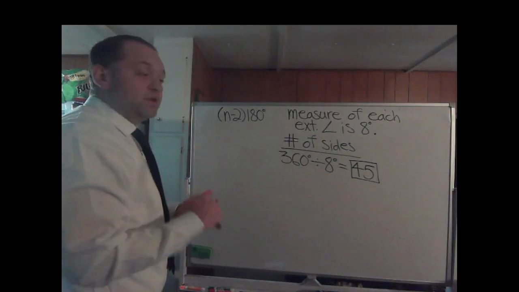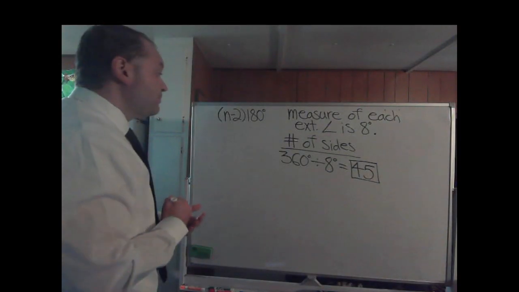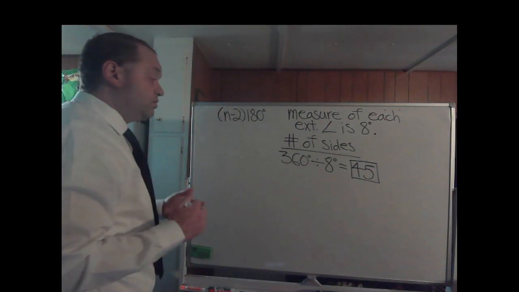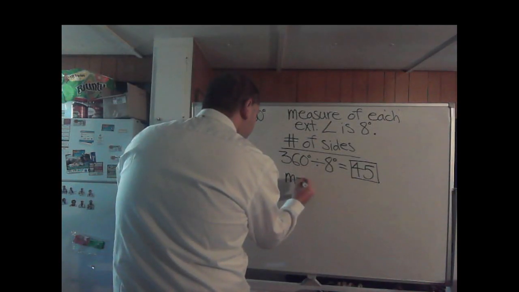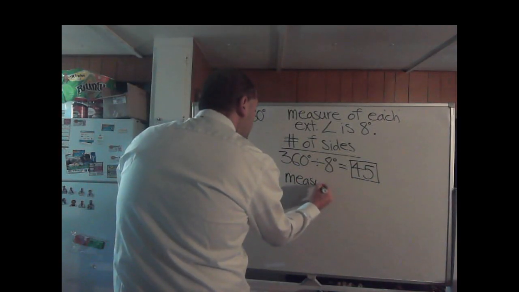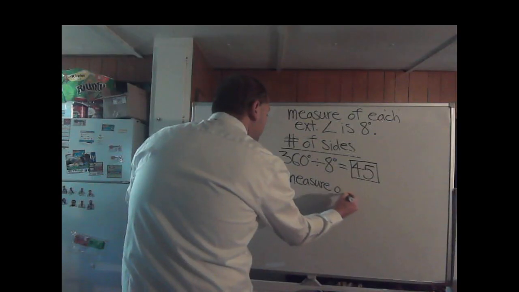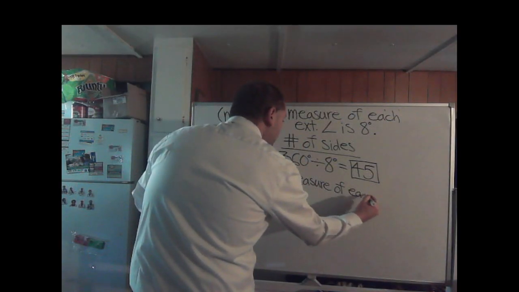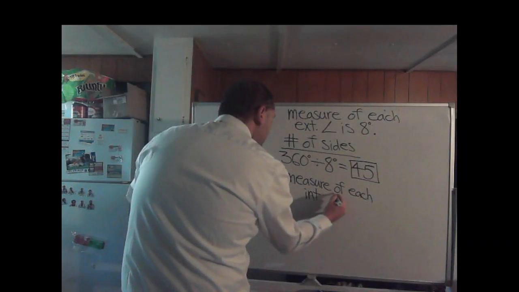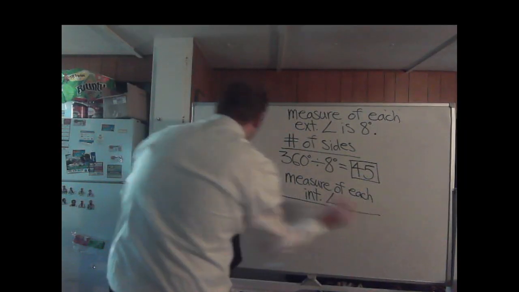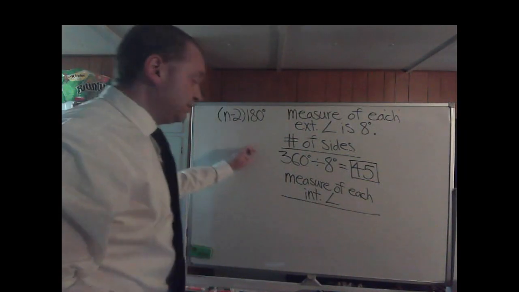Alright, well that wasn't so bad. Now we need to find the measure of each interior angle. The measure of each interior angle doesn't require this fancy formula in this case.